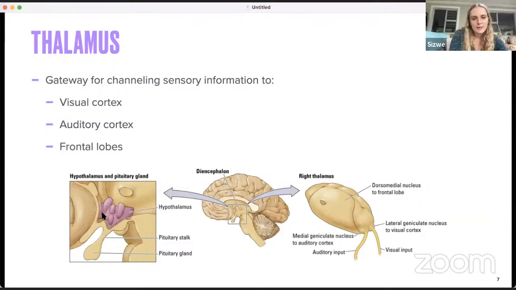Here we can see the hypothalamus, which is what we just spoke about, the pituitary stalk, the pituitary gland over there. And then this bigger section is the thalamus. It has little signals going off. One of them goes to the auditory cortex. The other one goes to the visual cortex. And then those are all going to the frontal lobe.